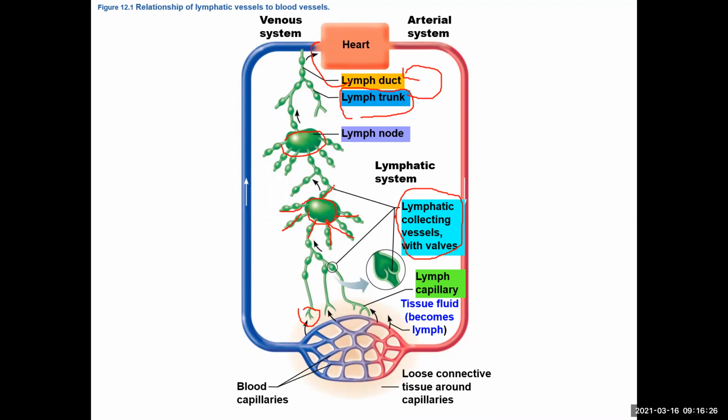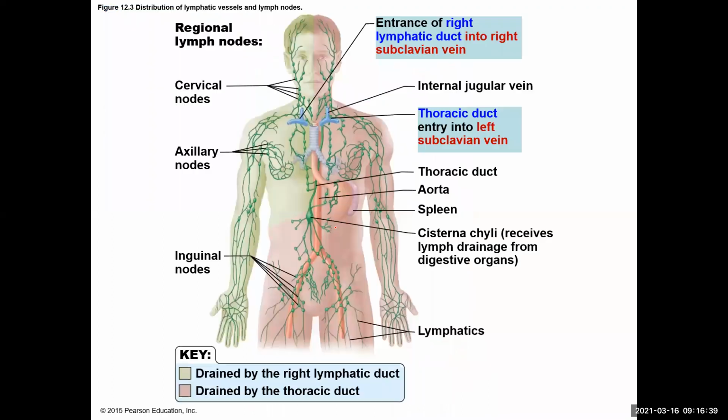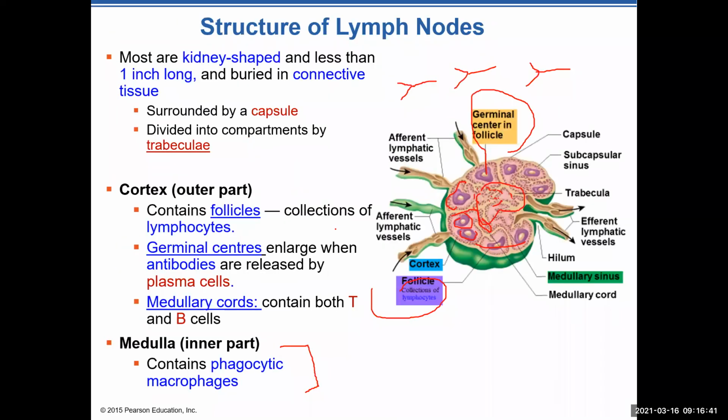My question to you all is, why do you think that we have more afferent and very few efferent vessels? How is it going to help a lymph node? I will show you in this diagram as well.